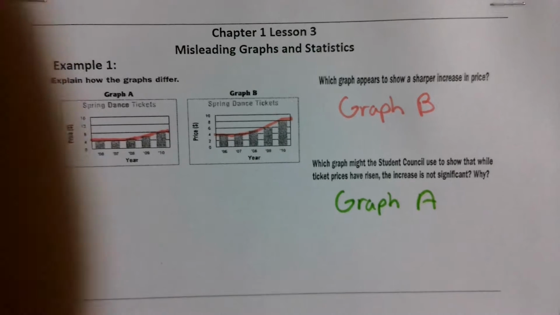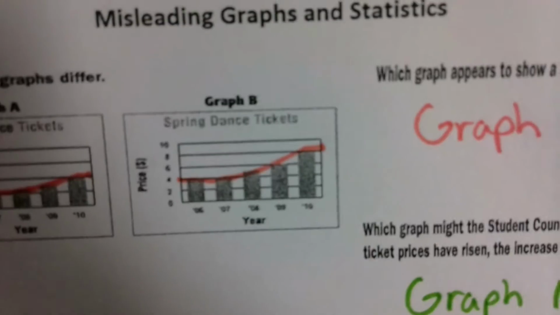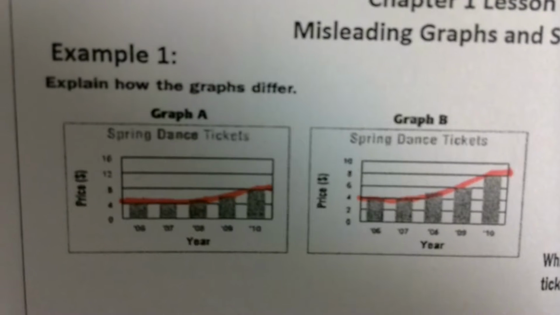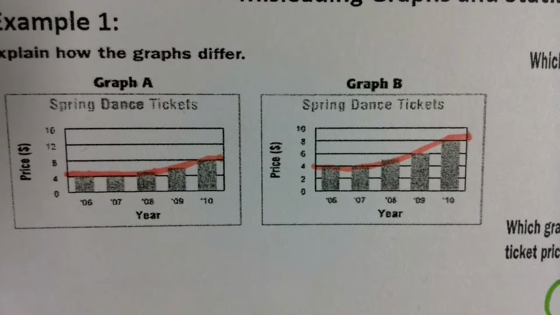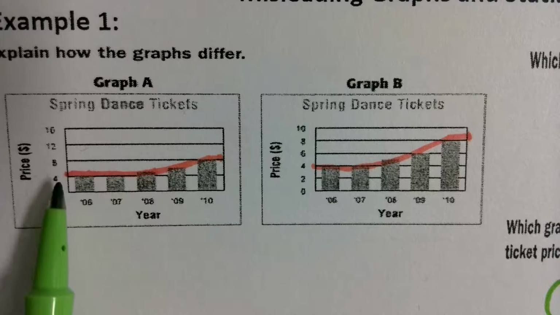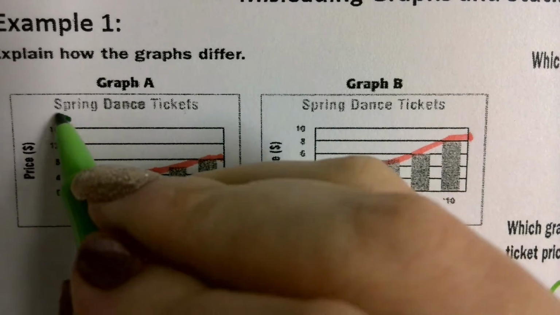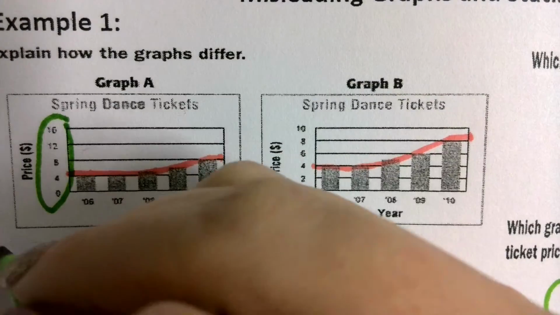The only difference, if you zoom in, are the numbers, right? Not the years. The years are exactly the same. It's the numbers that are a little bit different. Get that zoomed in. So if we look here on graph A, what are we counting by for each of these bars? Fours. So this one's counting by fours.